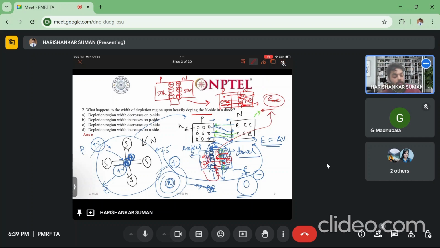Then what will happen? There is more concentration gradient, so a larger number of electrons can come from the N side to the P side. So that's why the depletion region width, does it decrease or increase? It decreases.